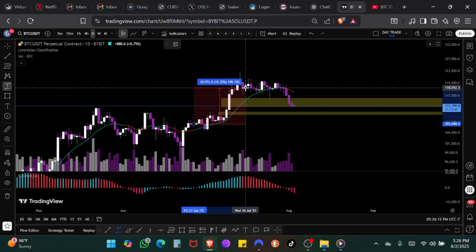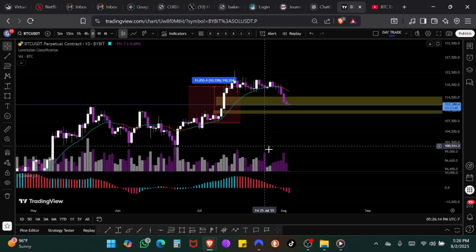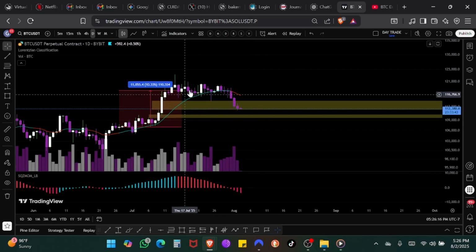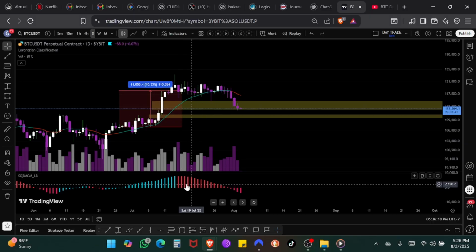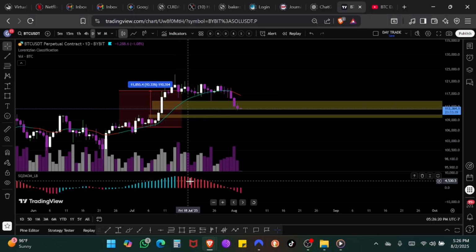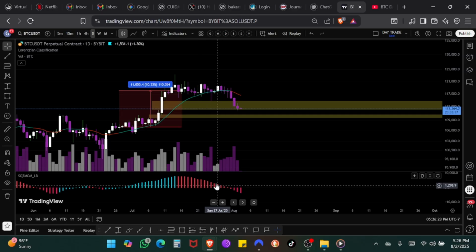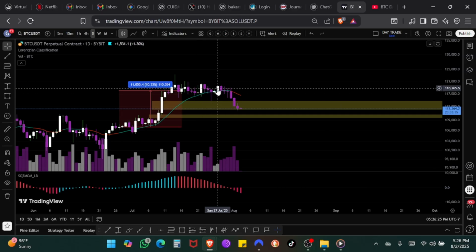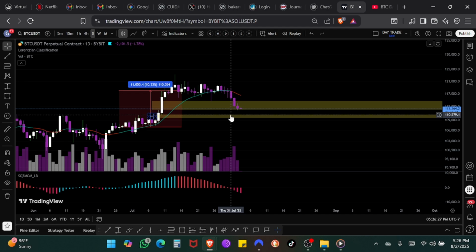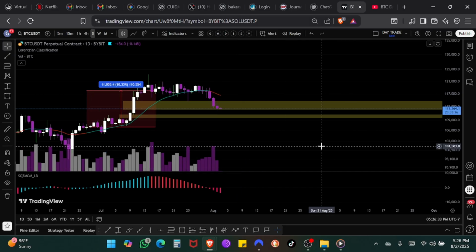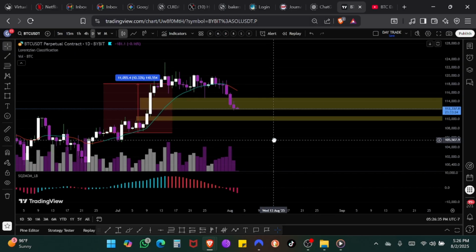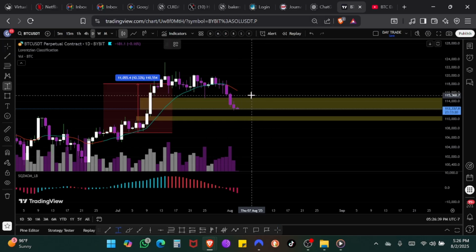I took the profits here, and I've been holding off. I didn't take this long because the squeeze momentum indicated that the strength was dwindling. So I didn't take this long here. I waited, right? I didn't take this short either because I'm not going for a small profit that is going to give me an exit signal when it's already on the negative, right?